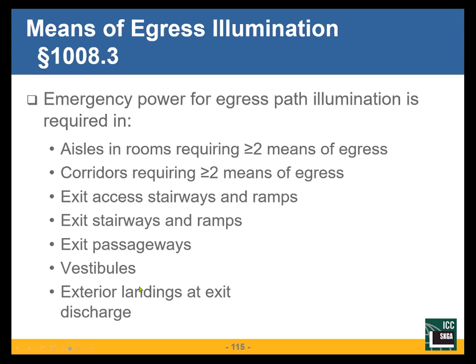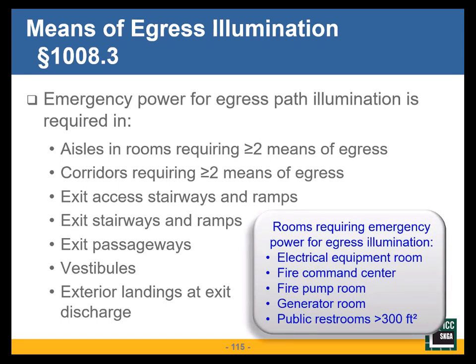Vestibules, exterior landing. The exterior landing at the exit discharge. As I step out of that exterior exit door, the landing is illuminated. From there to the public way, I'm on my own. But at least the landing is illuminated so I can get out of the building.